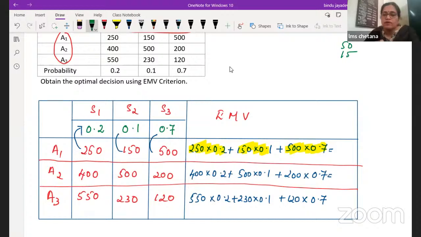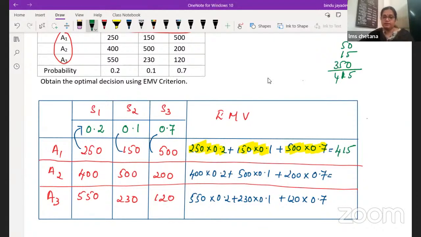Okay, fine. Yeah. What is your answer? Where did we reach? Here, this is going to come 350. Add together: 50 plus 15 plus 350, that is 415. Yes, 415 is the right answer.